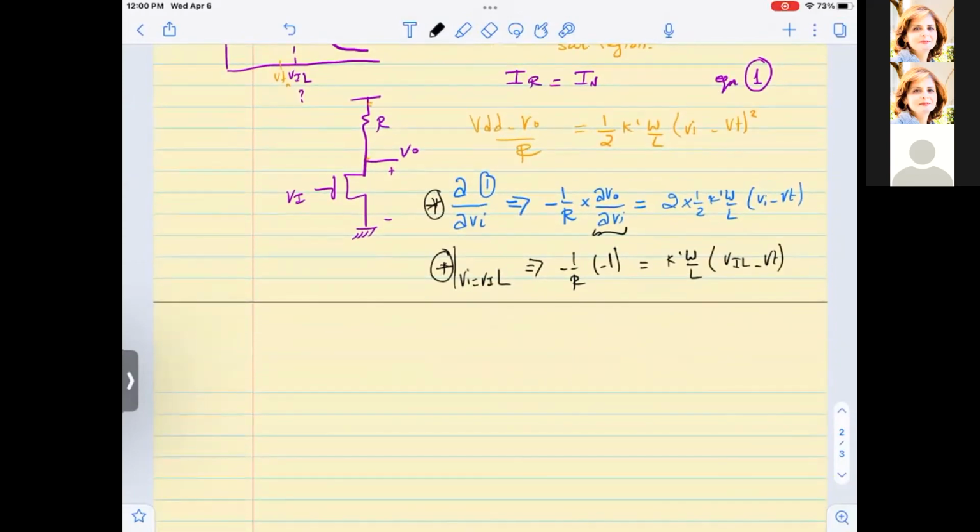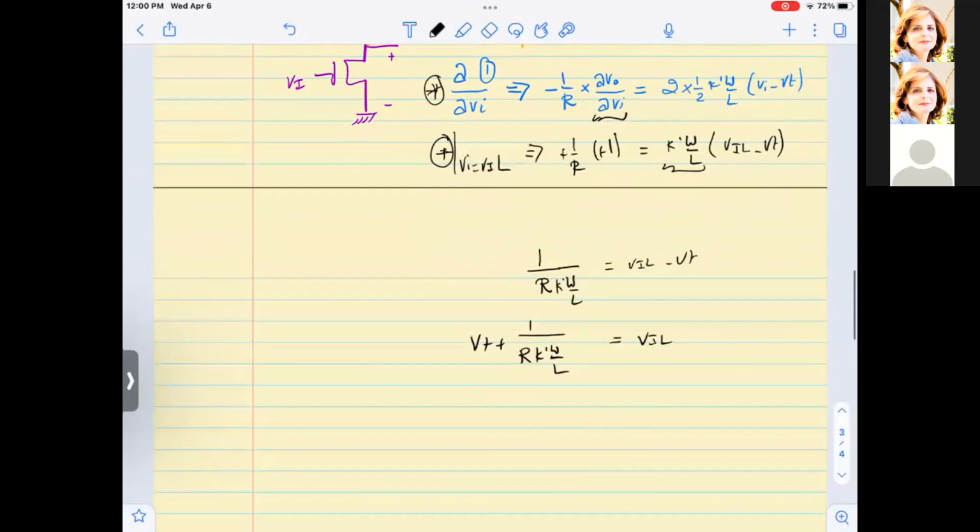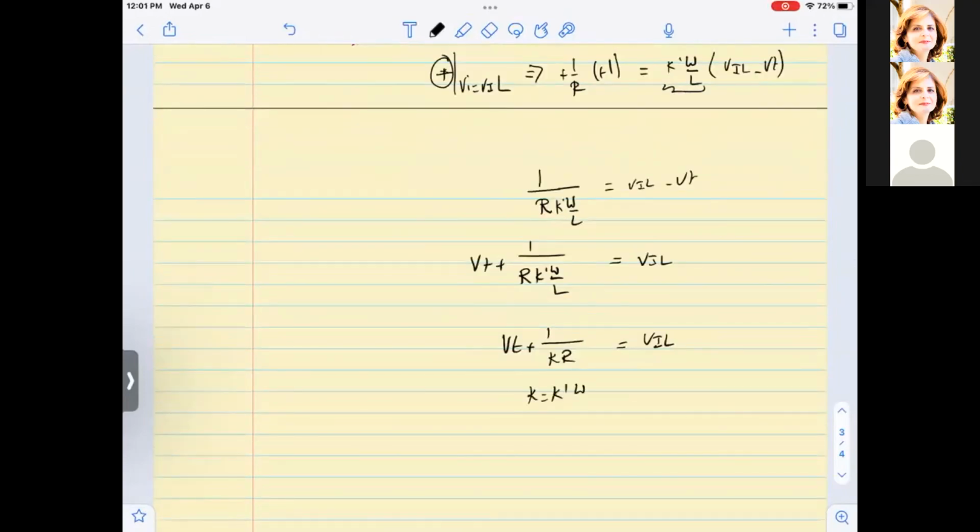If I continue solving, حيصير عنا 1 على R K prime W by L، نزلنا هيدا الترم جبناه هون، هيدي صارت بلس، is equal to VIL minus VT, and therefore VIL حتكون بتساوي VT plus 1 على R K prime W by L. اللي هن بالسلايد حاططها أن VIL equal VT plus 1 على KR where K هي K prime W by L. So هيدا هو السوليوشن ل VIL.